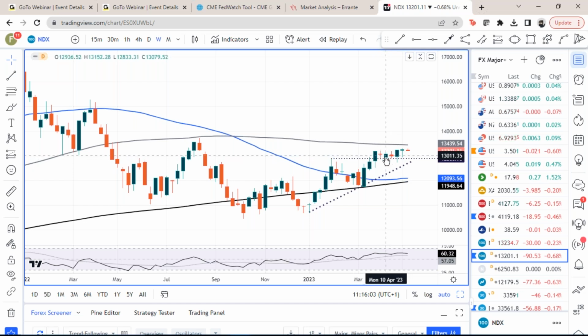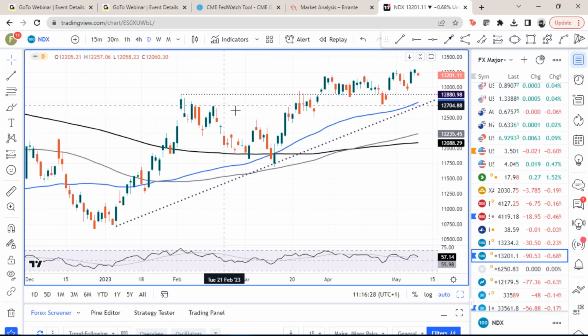Tracking sideways did look like consolidation. So we're just sort of consolidating above that push higher, and then we'll move higher again. But we're tracking sideways for quite a long time now, and we haven't been able to push above. You can see last week's close was near the high, so that looked constructive, but then we've just tracked sideways this week, and you can see here there's the 12,880 support line.